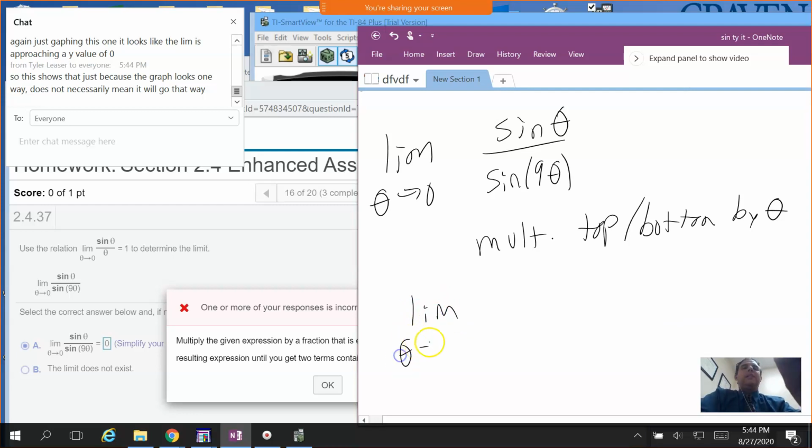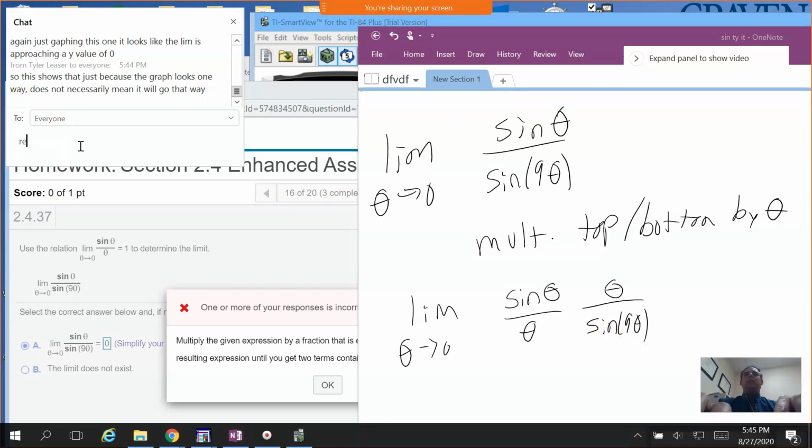So I can write it as the limit as theta goes to 0. I'm going to put the sine theta over theta, and then the other theta I'm going to put over the other sine. Rearranging the fractions, we get this.